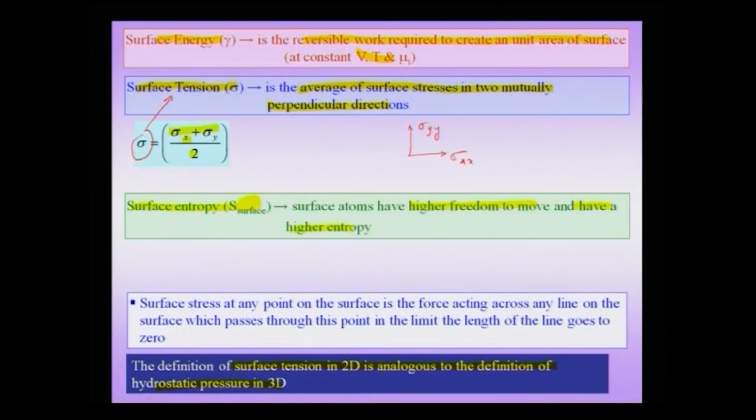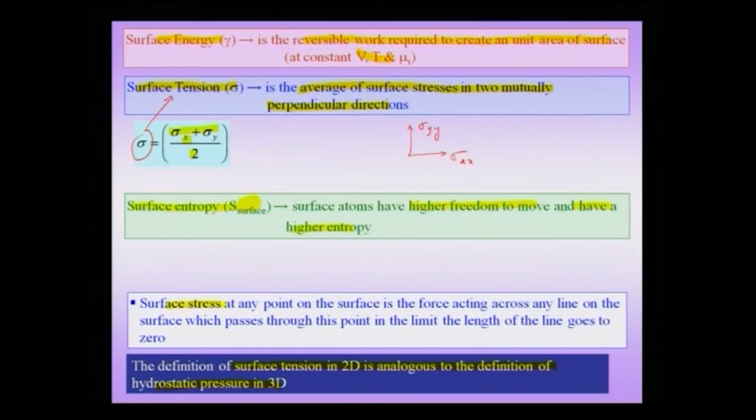Though they may have a higher energy, which tends to destabilize the surface or put a surface at a lower stability level than the bulk, entropically a surface is more stable as compared to the bulk atom, and the competition of the two is going to decide at what temperature I am going to have a stable surface with respect to a bulk.